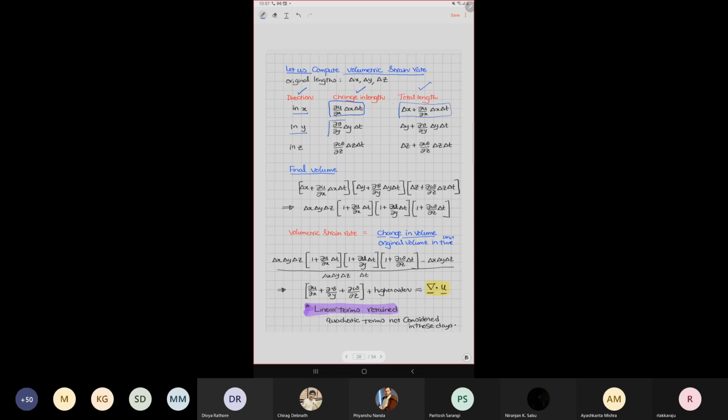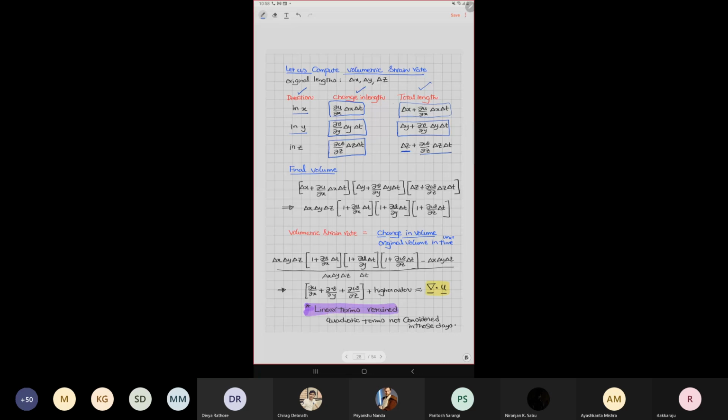Similarly, in the Y direction, the change in length is delta Y, delta T multiplied by del V by del Y. So the total length is delta Y initially plus del V by del Y multiplied by delta Y delta T. Similarly, in the Z direction, the change in length is del W by del Z, delta Z, delta T. The original length plus the change in length is the total length.